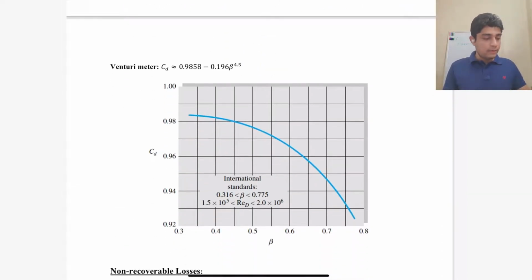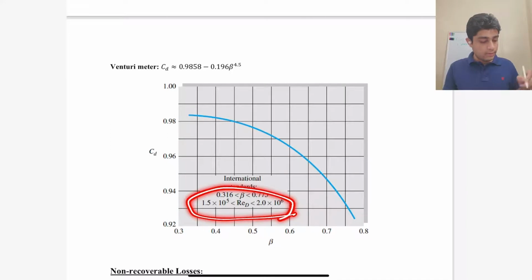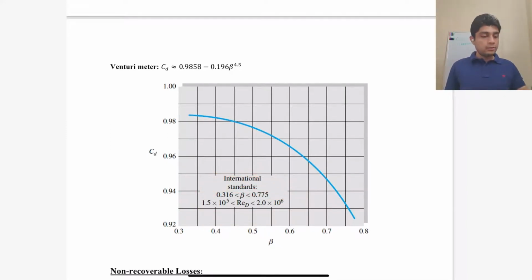Similarly, for a Venturi, the coefficient of discharge depends on the geometrical ratio beta, but it is found to be independent of the Reynolds number if the Reynolds number is very high and is in this range. So the procedure to find out the flow rate becomes very easy because it just depends on the geometrical ratio, and you don't need to follow the iterative procedure.